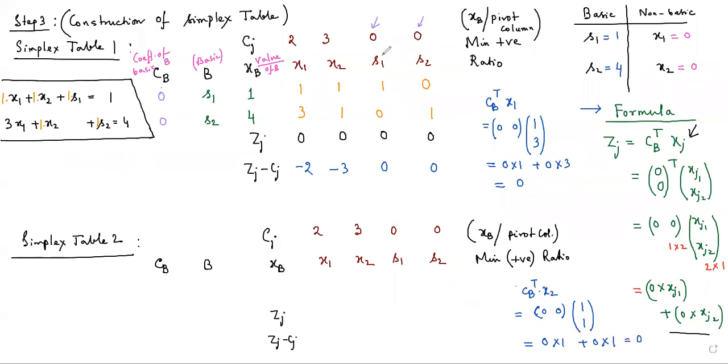In this manner, for S1 I have calculated the same thing, and for S2 I have calculated the same thing. Understood? Yes, sir. Like this, the other three are coming. All of them are zeros because this matrix is 0. Therefore, everything is becoming 0.